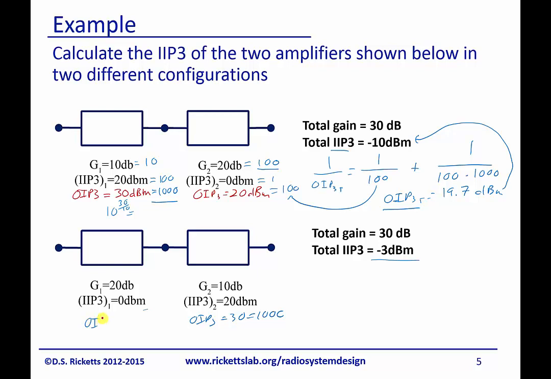This OIP3 is going to be equal to 100. And so if I do a quick calculation, I do 1 over 1,000 plus 1 over 10, because my gain is equal to 10, times 100. And you can see here that both of these are now equal, and that's why I get a better performance for my total IP3 on the output, because my output is much more linear, and I have this gain to help me with the fact that this is not as linear as I would like.